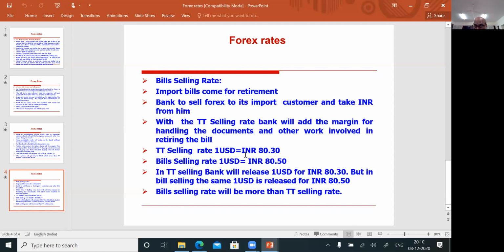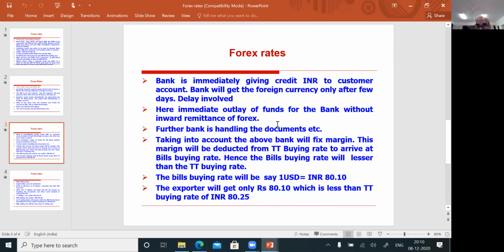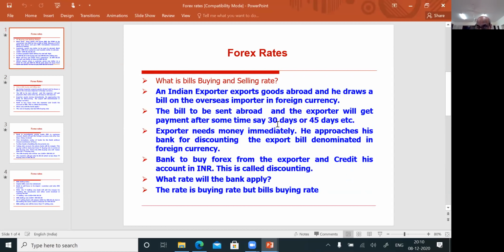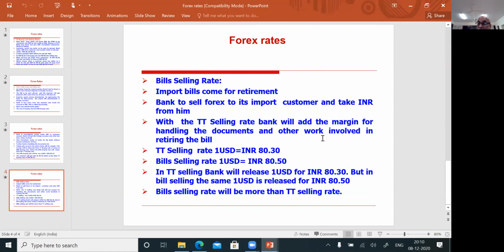What happens? The bank sells the forex to the import customer and takes Indian rupees from him in the case of retirement of an import bill. With the TT selling rate, what was the TT selling rate there? Let us say the TT selling rate is 80.30. Here, with the TT selling rate, the bank will add the margin.